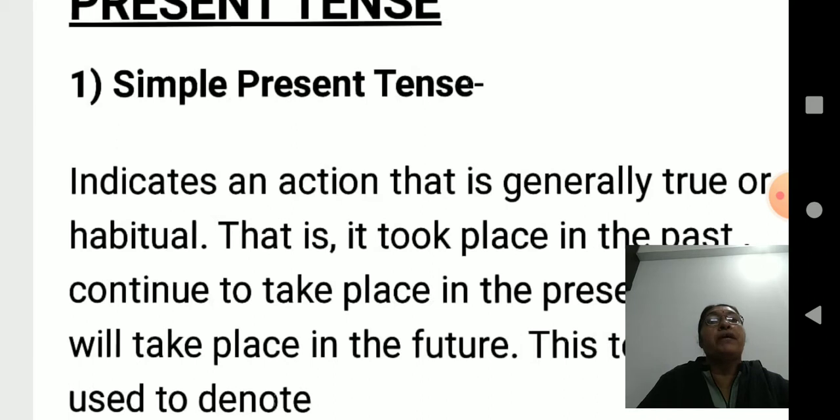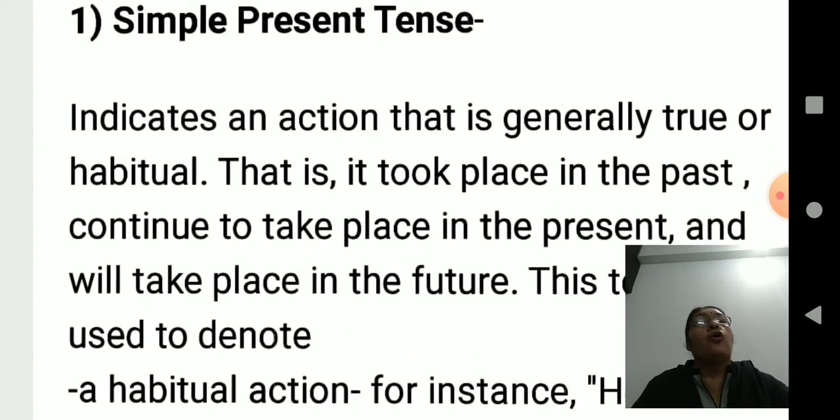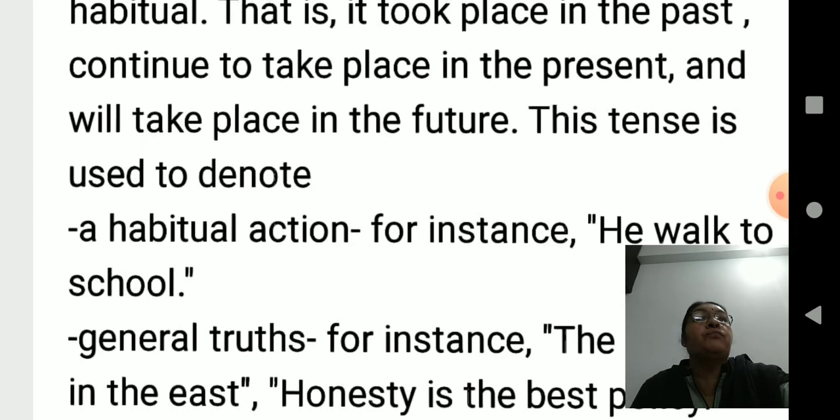So first topic, simple present tense, indicates an action that is generally true or habitual, our daily activity. We form it in simple present tense. That is, it took place in the past, continues to take place in the present, and will take place in the future.